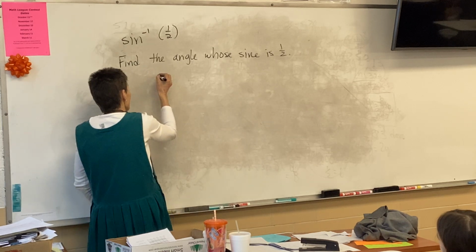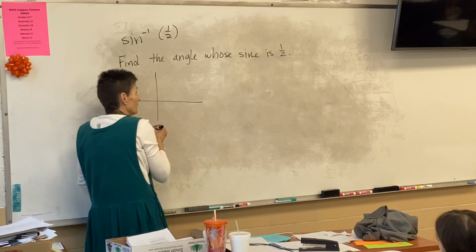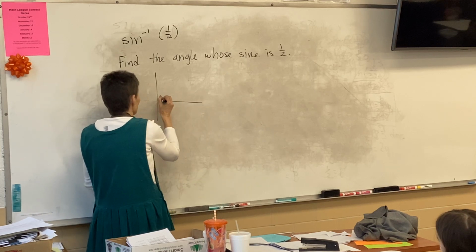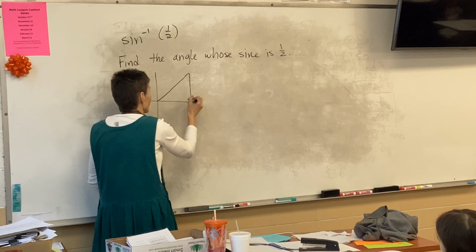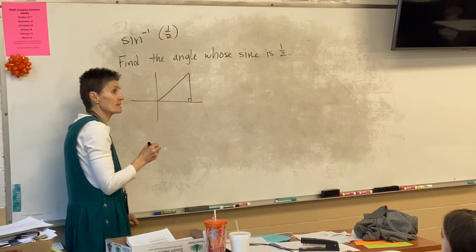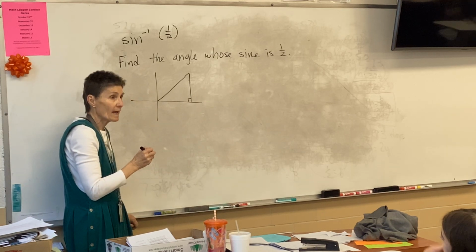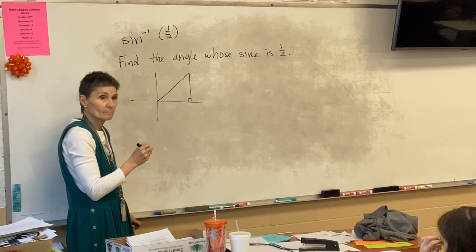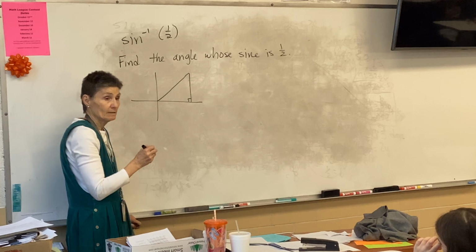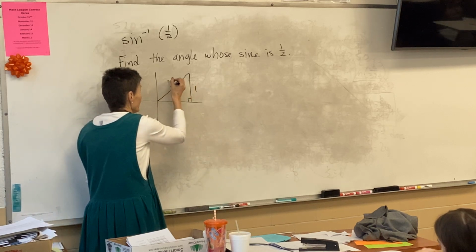So what would that angle look like? Always draw a picture. Here's my triangle. If the sine is 1/2, then doesn't that have to be 1 and 2?